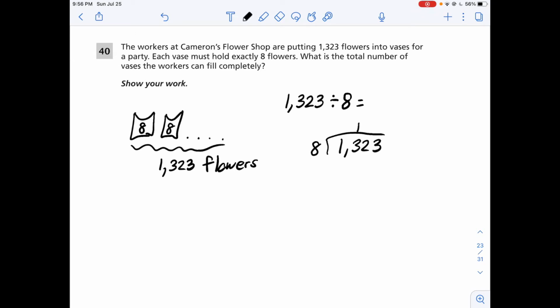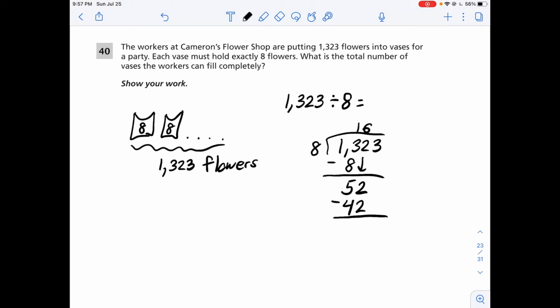8 times 1 is 8, so we're going to subtract 8. And 13 minus 8 is 5. We bring down the 2. Okay. 8 goes into 52 6 times. 8 times 6 is 42. We subtract 42.